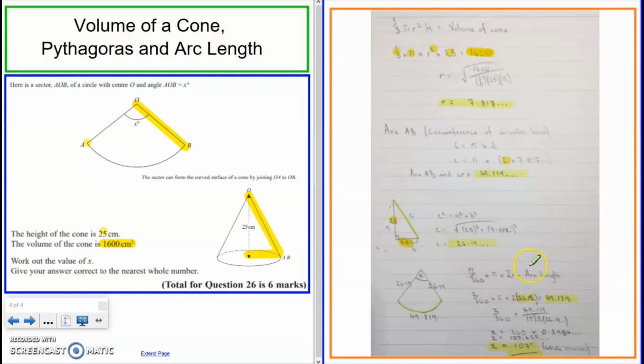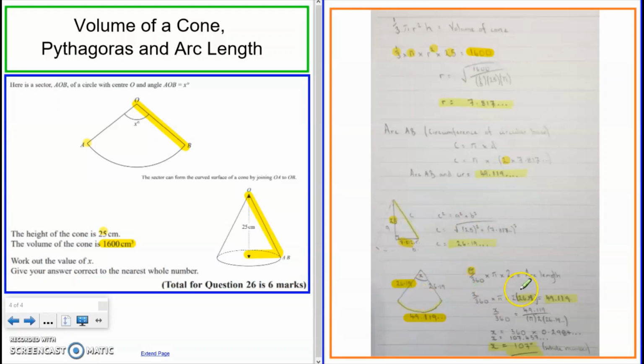So if I use this equation here, the angle I'm interested in out of 360 times pi times d, or pi times 2r, is going to give me the arc length. We now know that the radius is 26.19 given from here, and we know the arc length is 49.119 given from here.